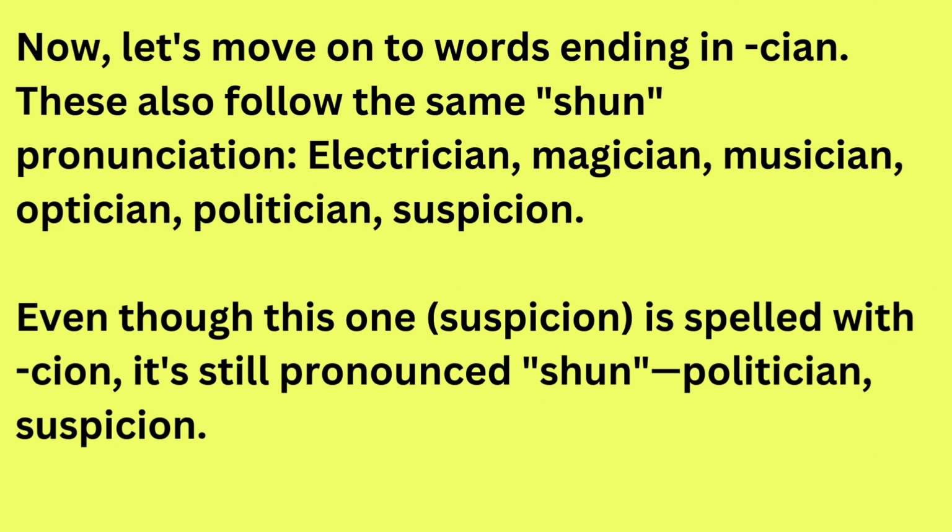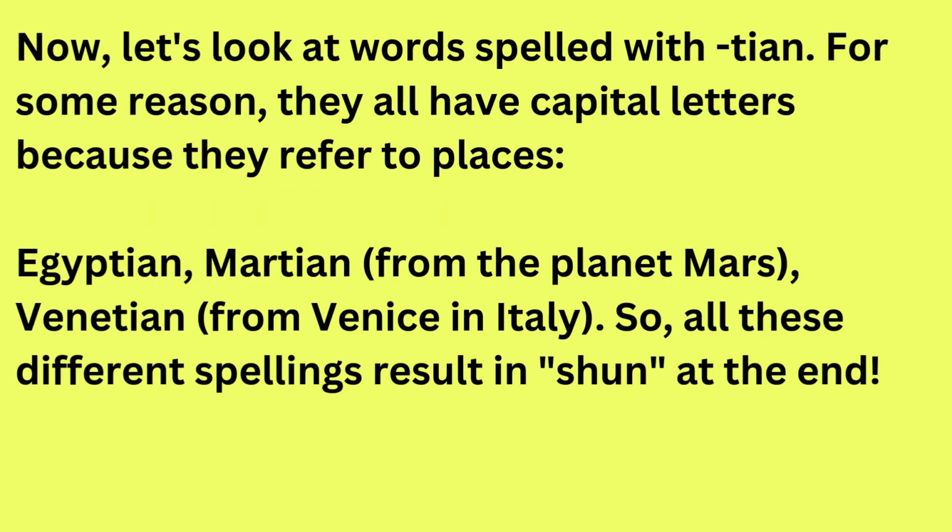Politician, suspicion. Now, let's look at words spelled with "tian". For some reason, they all have capital letters because they refer to places. Egyptian, Martian, from the planet Mars. Venetian, from Venice in Italy. So all these different spellings result in "shun" at the end.